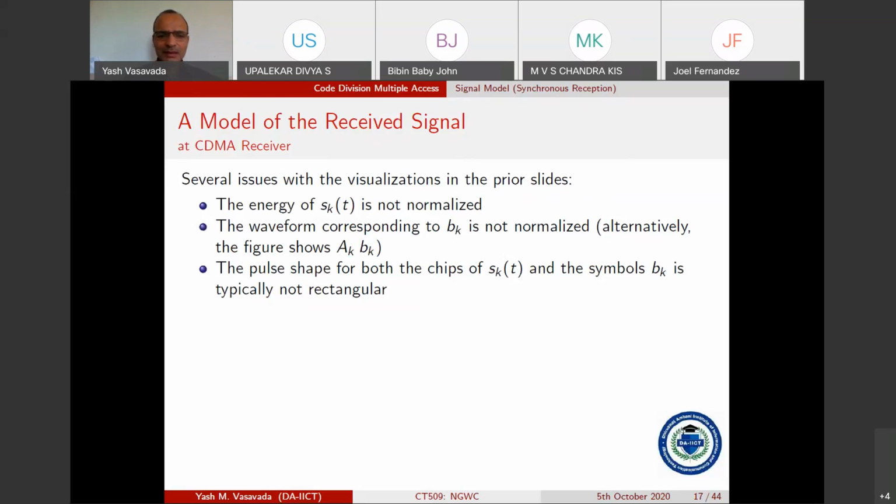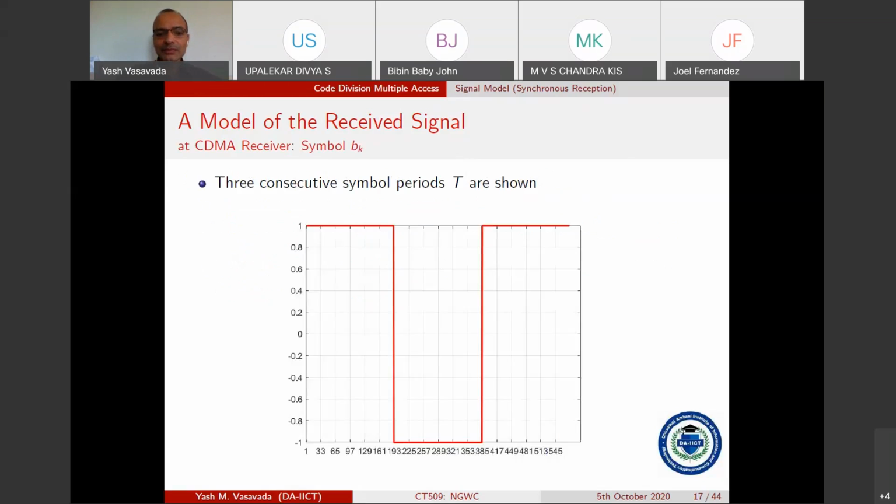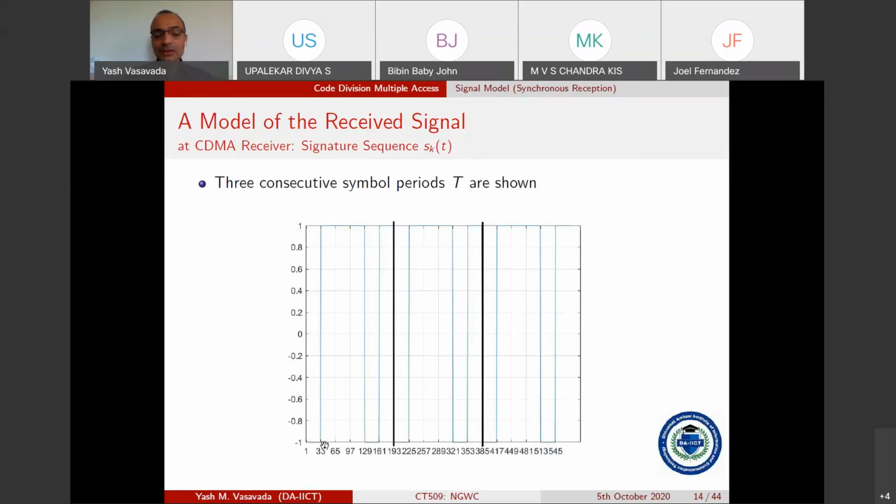In practice, these chips of the signature sequence, and by chips, what I mean is these intervals of 32 units where sk of t can change polarity, are known as chips, and they're different. Their name, chip, is to differentiate them from the bits, because otherwise they look like bits. They're ones and minus ones, so they look as if they are bits after going through BPSK modulation.